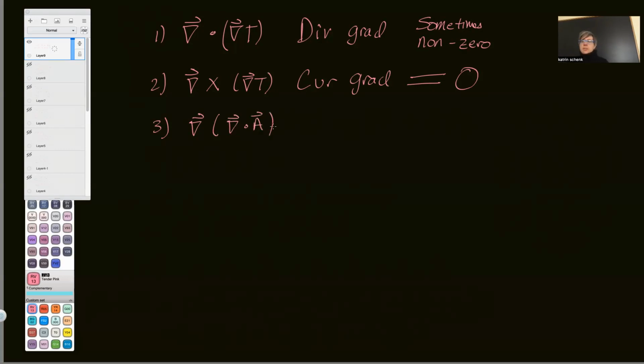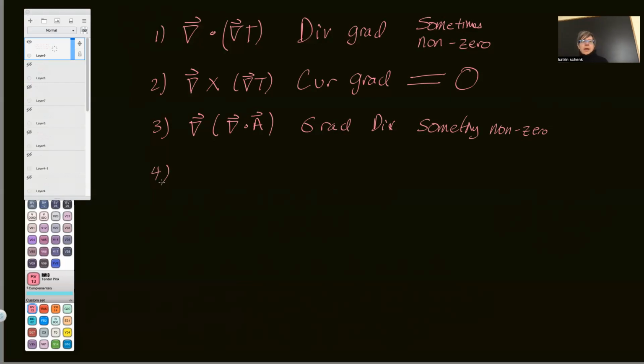This is a dot product. No problem. You could be zero, could not be zero, but in general, sometimes non-zero. This would be like taking the gradient of the flux of an electric field. There's no reason you couldn't do that, right?